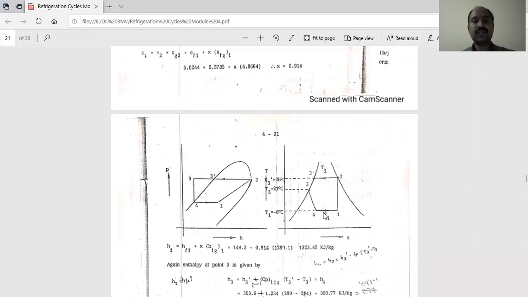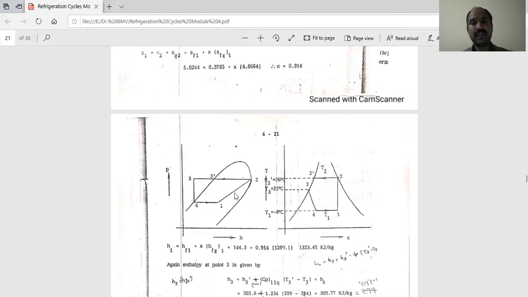It should exist in the pH diagram also. The point 3 will be saturated liquid, and under that we have to make it subcooled from 3 up to 4. So this is the way of drawing the pH and TS diagram.